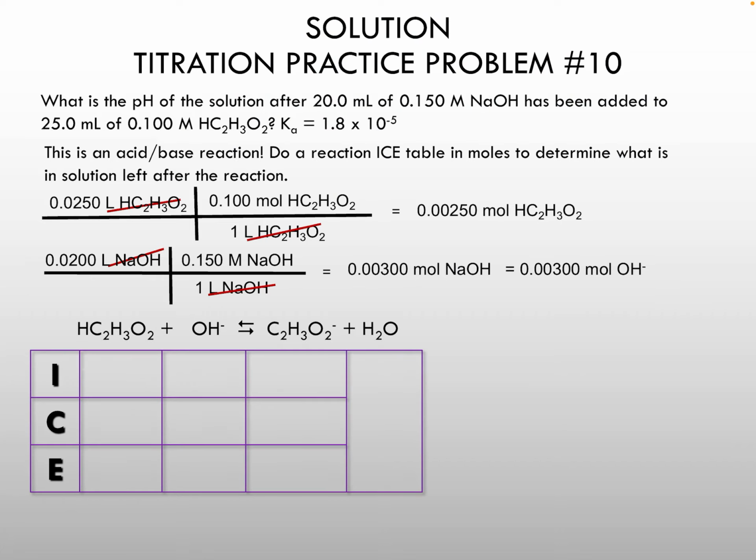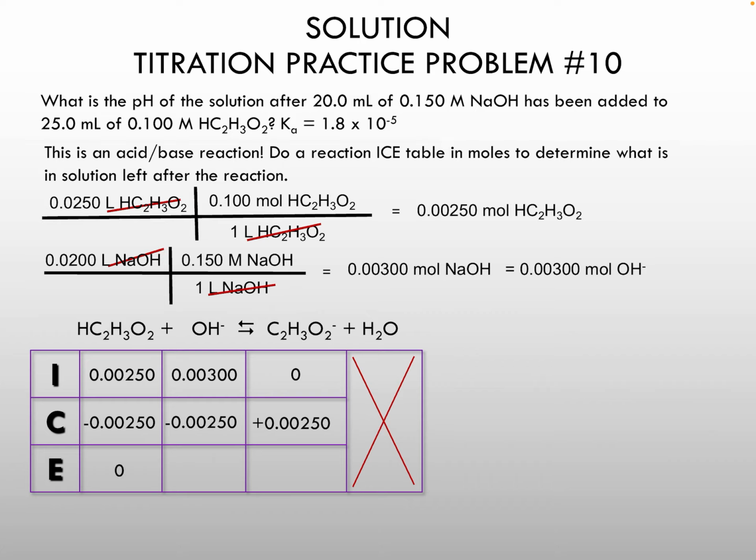So when we put this in our ICE table, we'll notice that now we have more moles of our strong base. So when we do our subtracting, when we subtract the smaller one, we're now subtracting our moles of our weak acid. And when we add everything up, we are going to be left with strong base and weak base.